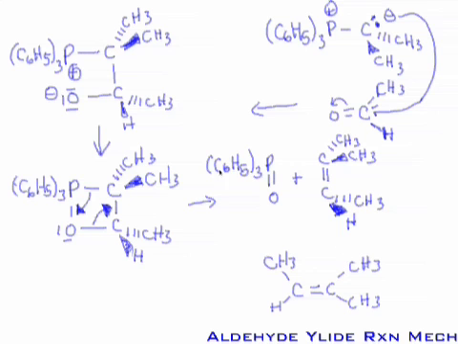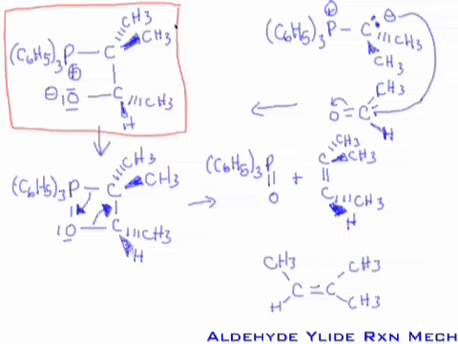Now, interesting to note, and I'll just circle this in red, what kind of zwitterion is this guy? It is a zwitterion because there's a plus-minus charge, but notice if you consider bonds, the oxygen is not adjacent to the phosphorus.